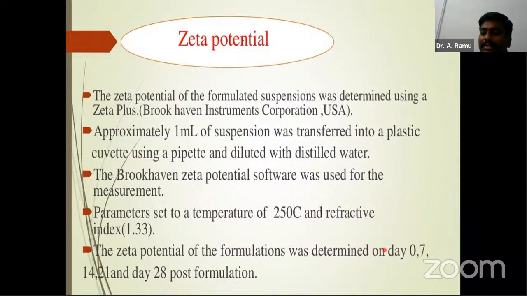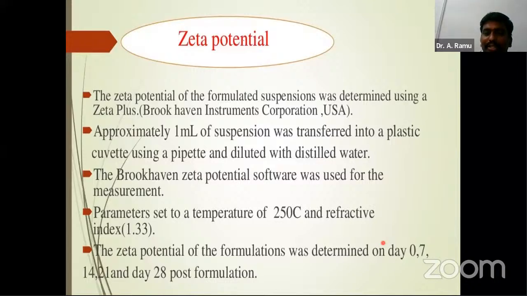We have already discussed that a flocculated suspension should possess a zeta potential value of -20 millivolts to +20 millivolts. When the suspension possesses this zeta potential, the attraction of particles can be minimized, and hence the cake formation can be minimized, and it contributes to the physical stability of the suspension.